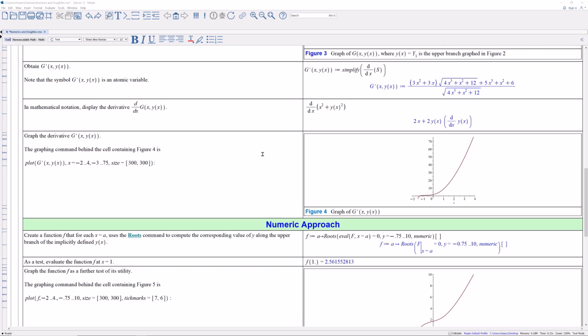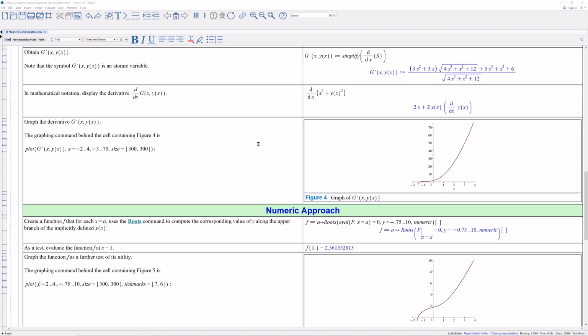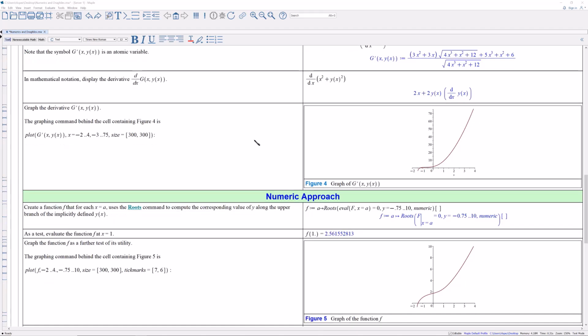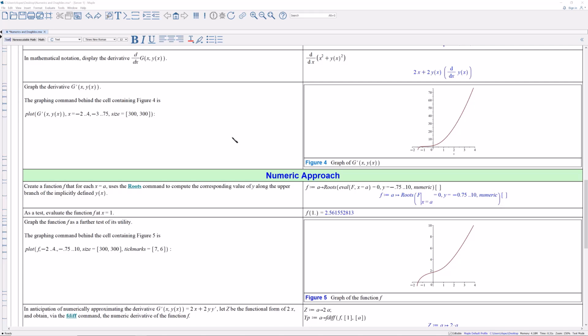Having obtained an exact solution to this problem, I now want to do it numerically, and I've got something to check against to know if my numerics are going correctly. So I need to solve the equation uppercase F equals 0. How do I do that? Well, I use the roots command in Student Calculus 1 because the roots command will work either numerically or analytically, and here it's working numerically because that's what we're checking out, and it will give the roots within a range.